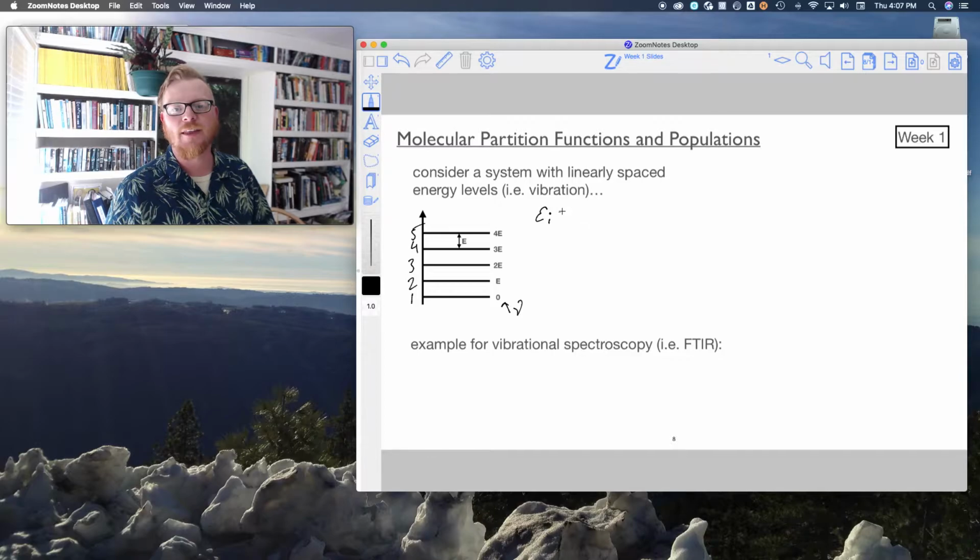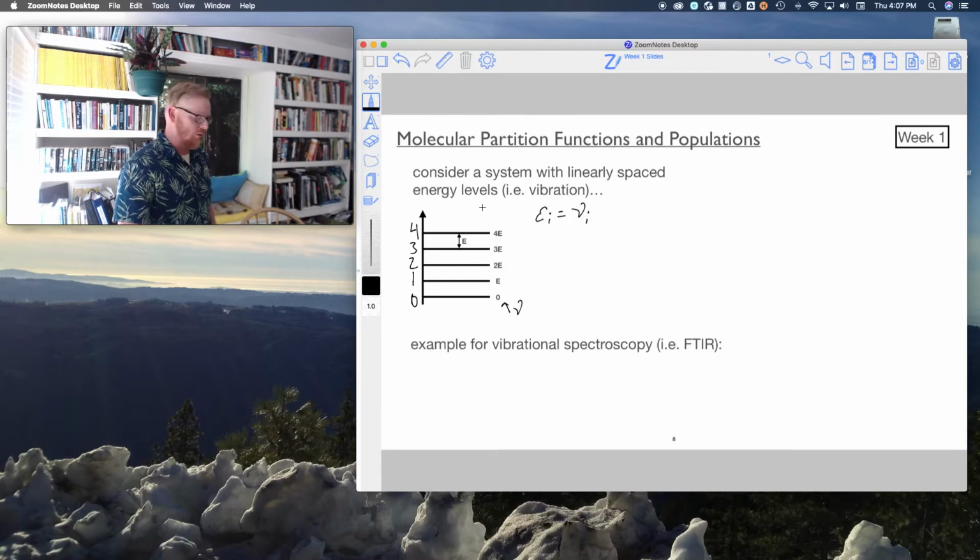So I will say that the energy of any of these states i is going to be given by this vibrational quantum number 0. And really I screwed this up. I should have said this is 0. Okay, so really I'm going to give that a 0 to make this more correct for vibrational energy levels.